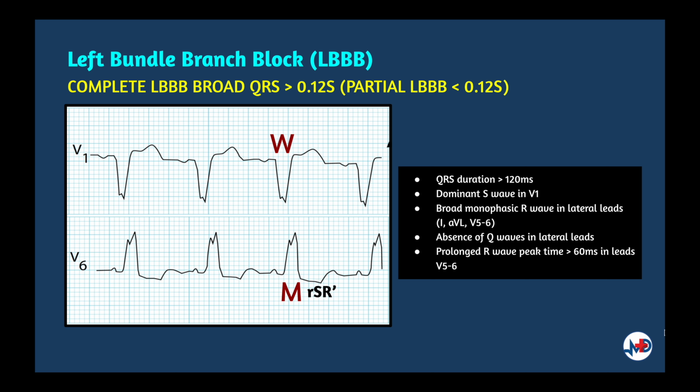Here, typically, you will see the W pattern in lead V1 and M pattern in lead V6, which is known as WiLLiaM, which begins with a W and ends with an M. Causes include anterior myocardial infarction, ischemic heart diseases, hypertension, dilated cardiomyopathy, aortic stenosis, and age degeneration of the conductive system. So remember that left bundle branch block is always pathological.